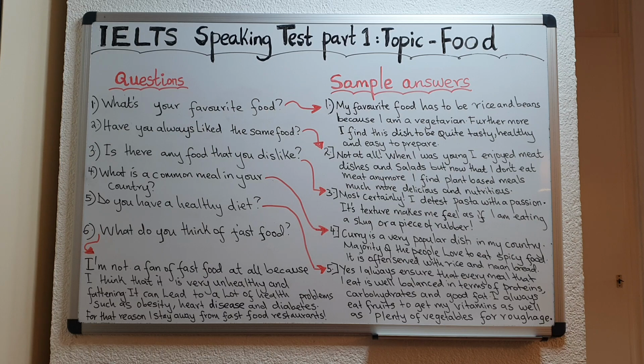And then you have good fat, that is your omega-3 fats, like for example from fish. But that's not all. A well-balanced diet should also have fruits to get your vitamins. And finally, you need your vegetables for roughage, okay? So ensure that you provide a comprehensive and detailed answer.